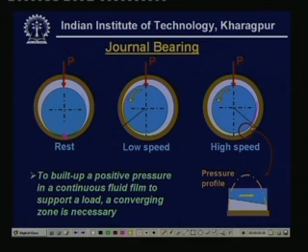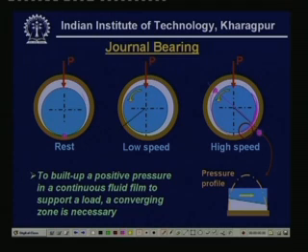You can see there will be a continuous film created over here, and this continuous fluid film will be generated in this zone. And if you consider this zone from here to here, you can see the passage is something like a converging one.